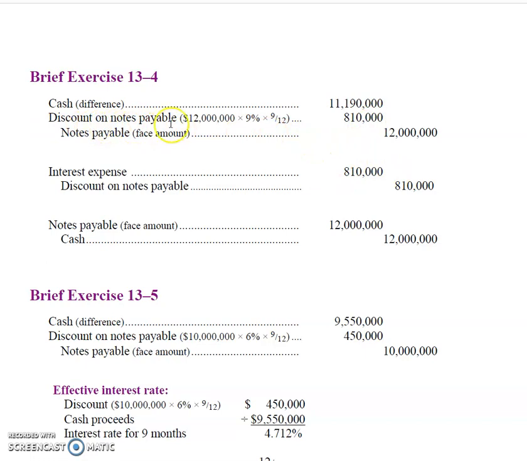Now the discount has gone away, debited here, credited there, so that gives us a zero balance. And we pay off the commercial paper. So we credit cash for the $12 million face amount that we have to pay, debit notes payable for $12 million, removing the note from our books, and that's it.